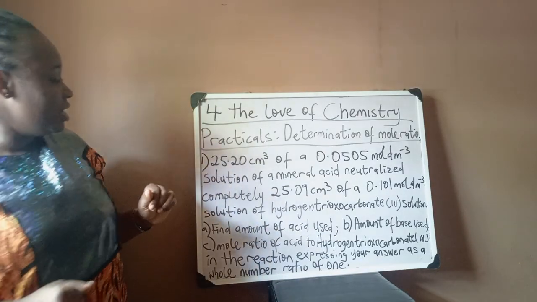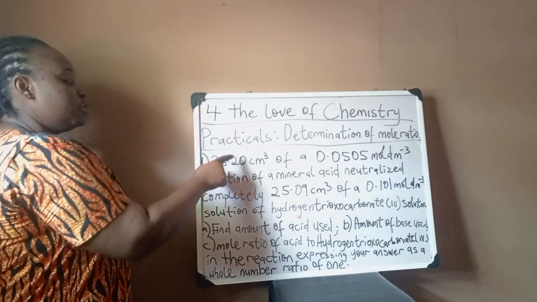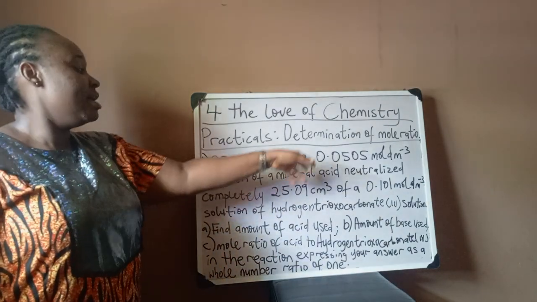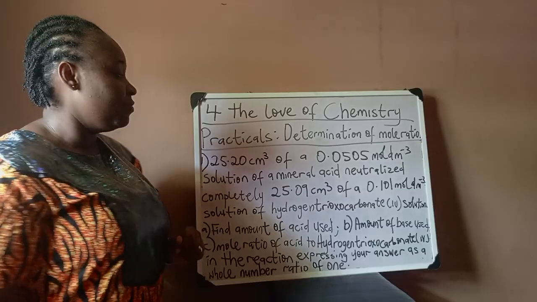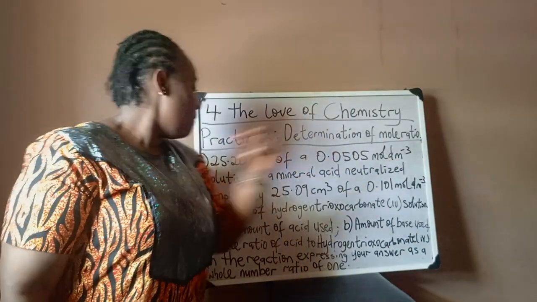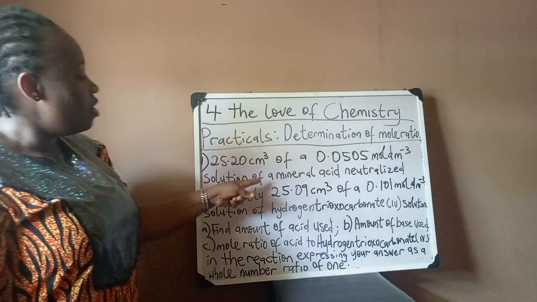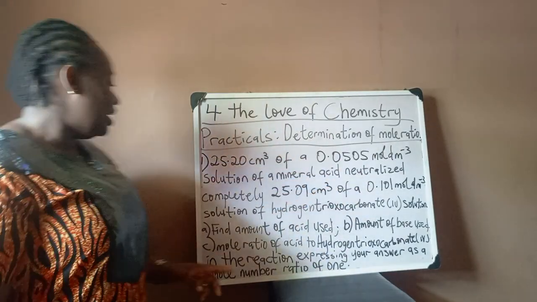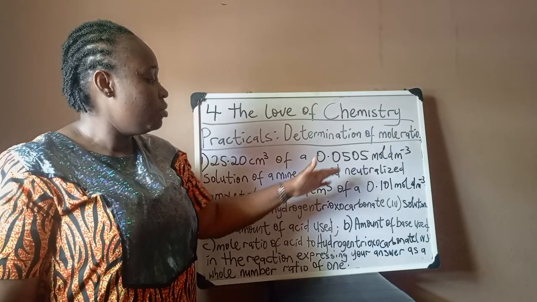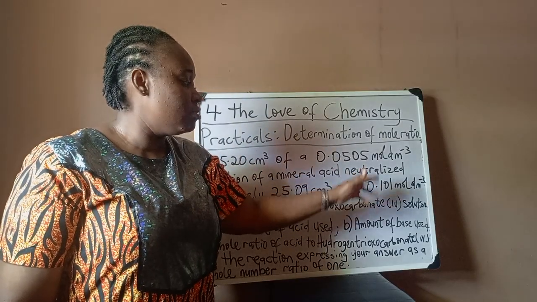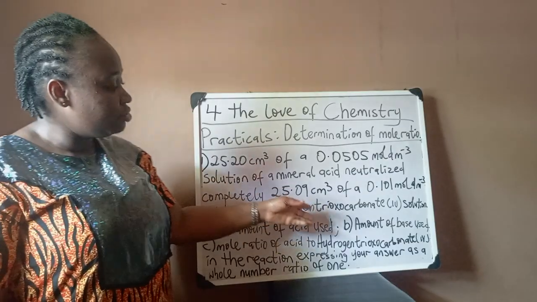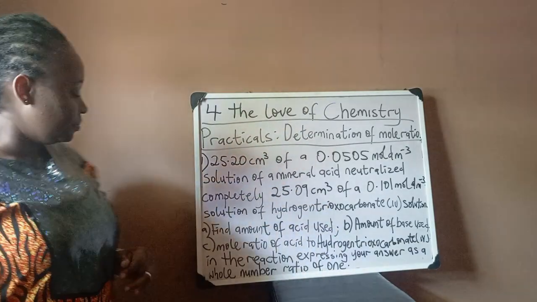So our question reads: 25.20 cm cube of a 0.0505 mole per dm cube solution of a mineral acid neutralized completely 25.09 cm cube of a 0.101 mole per dm cube solution of hydrogen trioxocarbonate(IV) solution.